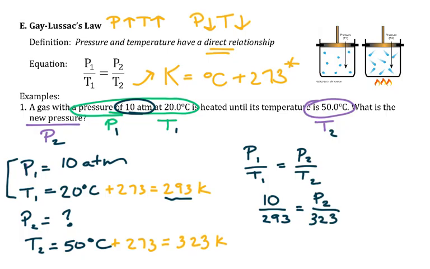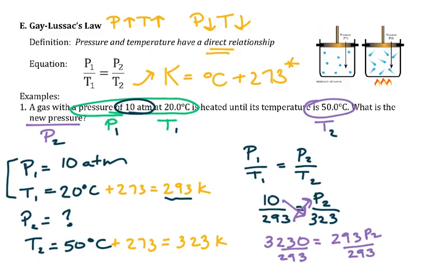Again, when you're solving, if you have your variable in the denominator, then it kind of makes the most sense to cross multiply. But again, use whatever algebra skills make the most sense. I'm gonna go cross multiply. So 10 times 323 is 3,230 equals 293 times P2. Divide both sides by 293.